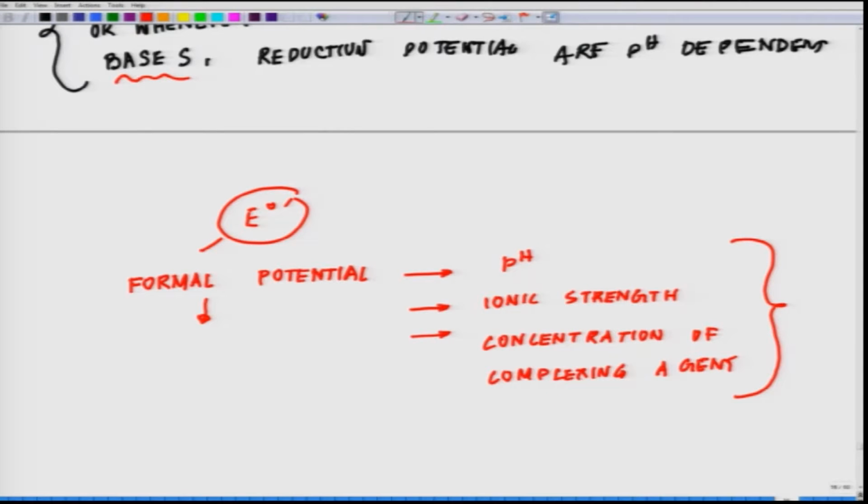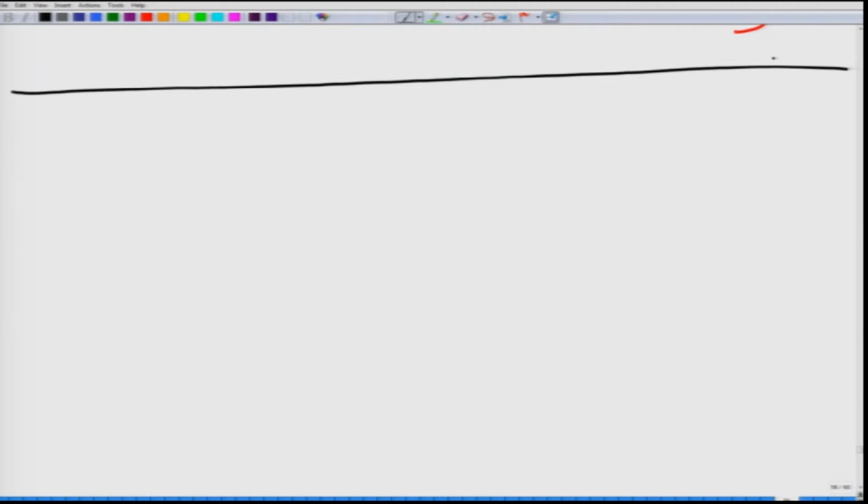Biochemists call the formal potential at pH 7 E0 prime. This is that E0 prime. Now, I will put some of the values for you to realize how E0 prime looks. Let us draw a small table of some of these values.